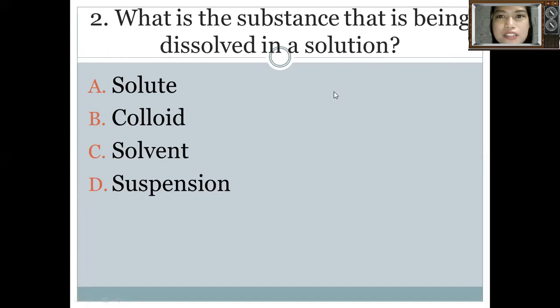What is the substance that is being dissolved in a solution? Choices are A, solute, B, colloid, C, solvent, D, suspension. In 5, 4, 3, 2, 1. What is your answer? If your answer is solute, you got it right.